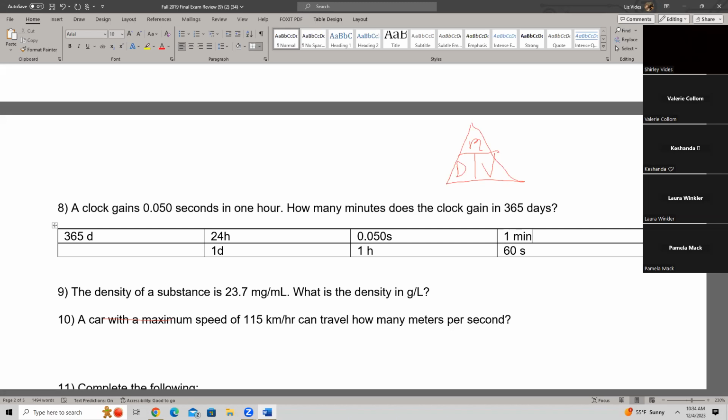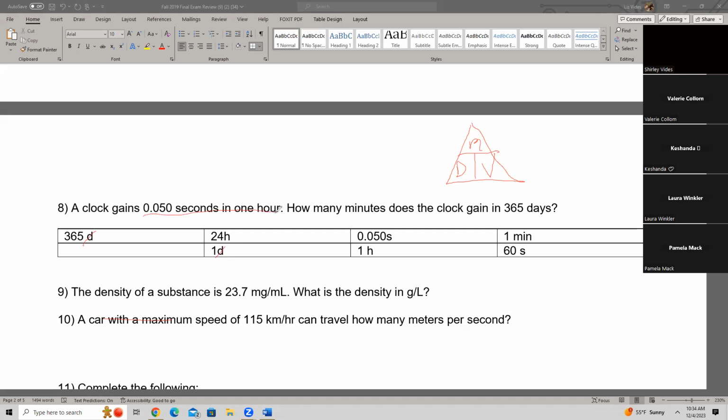I'm having such a hard time deciding which goes on bottom, which goes on top. Okay. The main thing is to be able to cancel out. So remember, something has to cancel. See, days have to cancel. And then they gave us this, right?